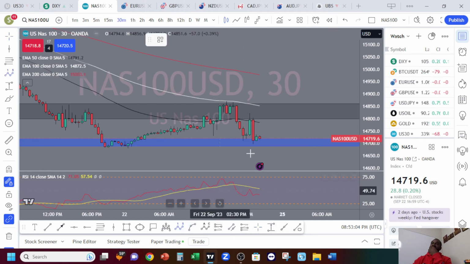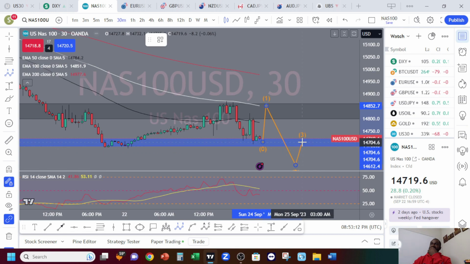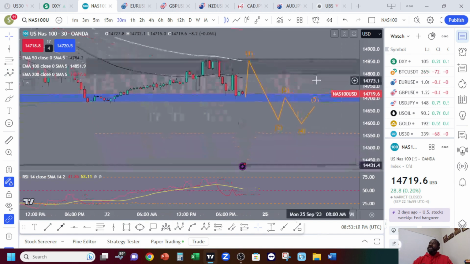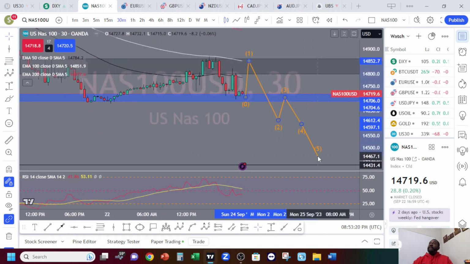Or we might do this: come here, take a short trade. When it gets up here, we might sell it because it might do this and continue to go down.